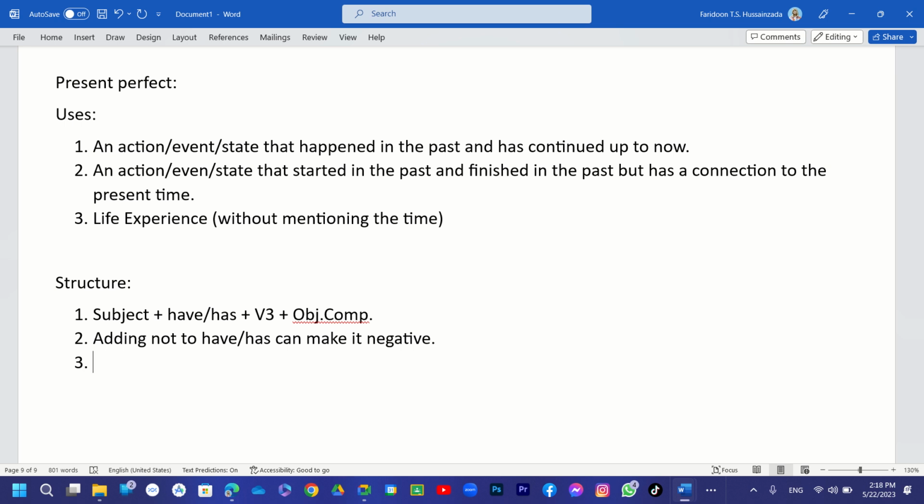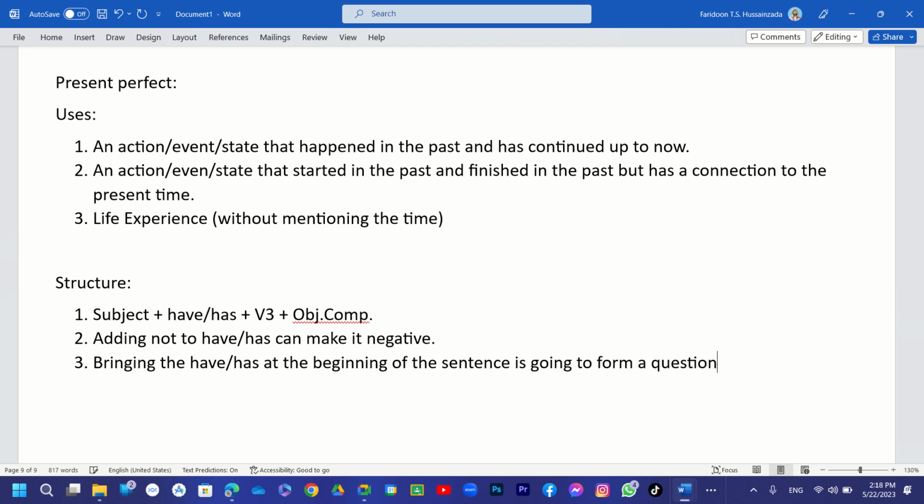And the question, you're just bringing the have or has at the beginning of the sentence is going to form a question. Okay, so yeah, these things are okay.